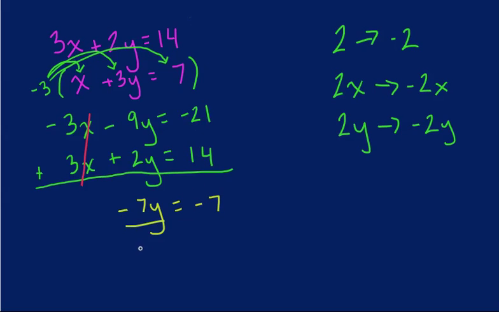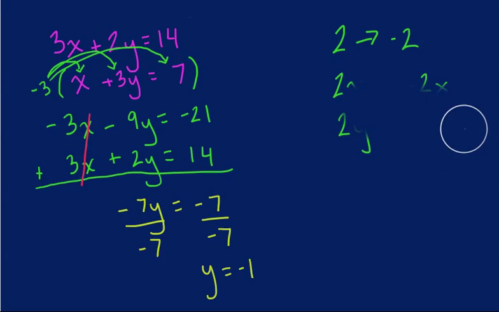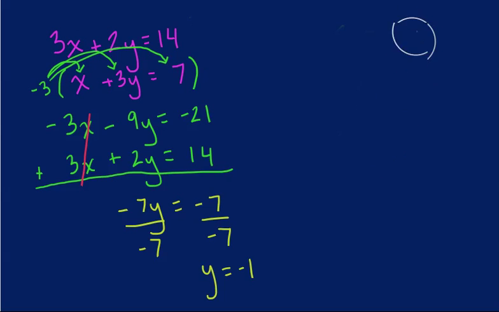And then we solve for y, so I would divide both sides. And now I'm left with y is equal to negative 1. Great. But we're not done yet. We still have a few more things that we want to do. So I'm going to go ahead and erase this work right here, because now what I have to do is take the negative 1 that I got for y and plug that into one of my original equations.